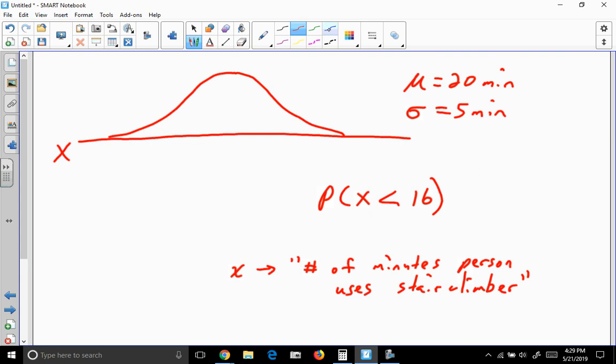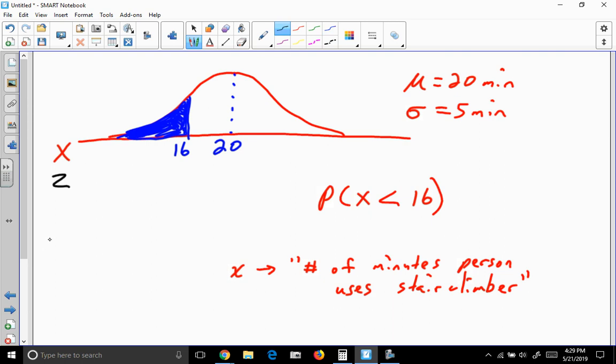So that's an X value. Remember, for our distribution, the mean is 20. So 16 would be over here somewhere. And we want to find the probability that the person uses the stair climber for less than 16 minutes. So we need to convert that into Z.